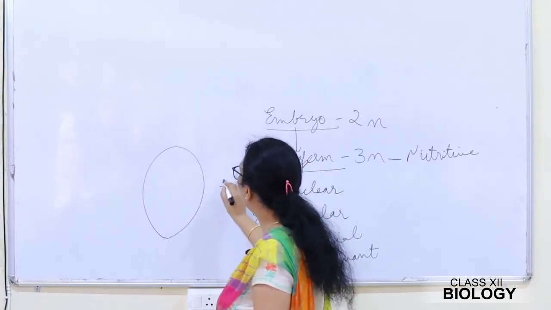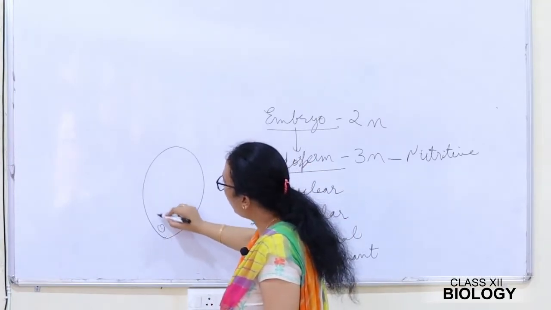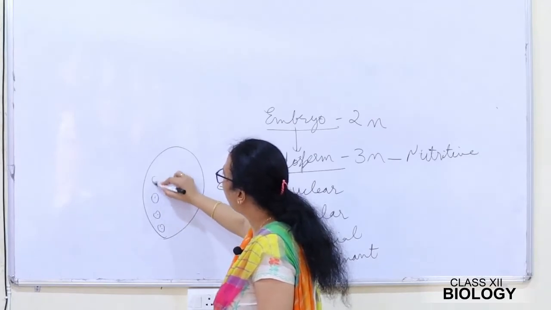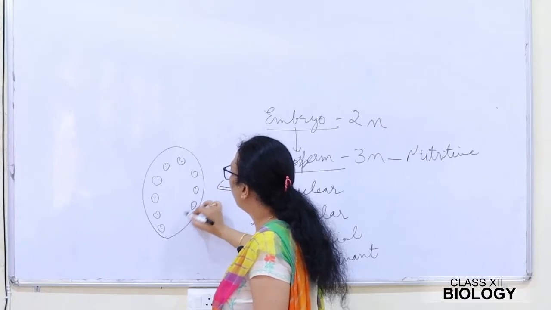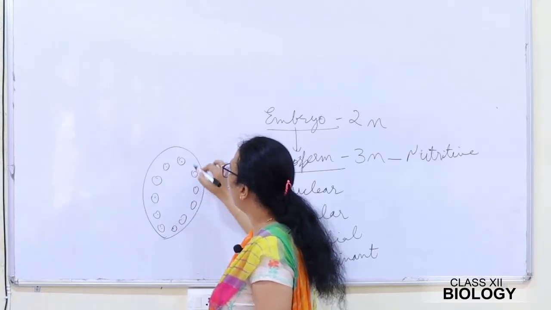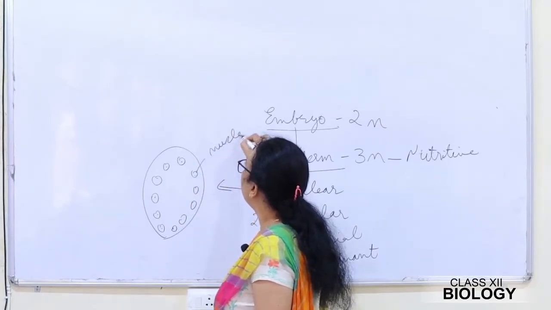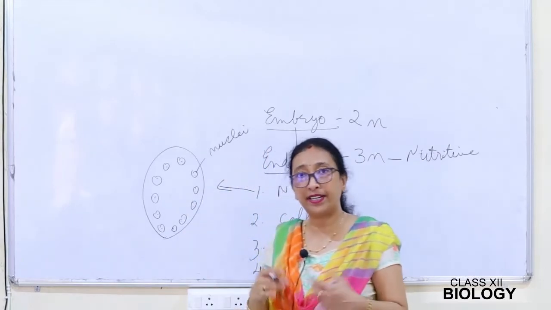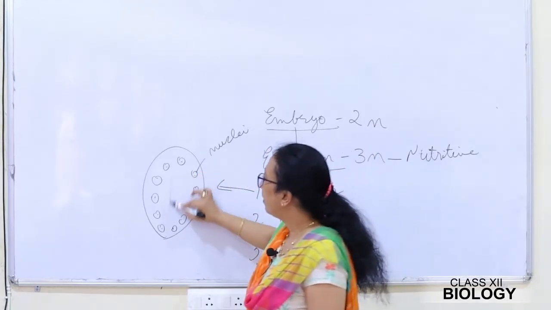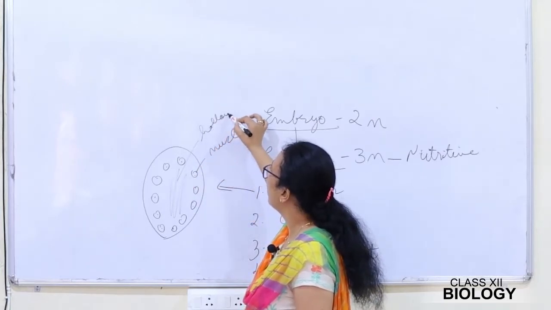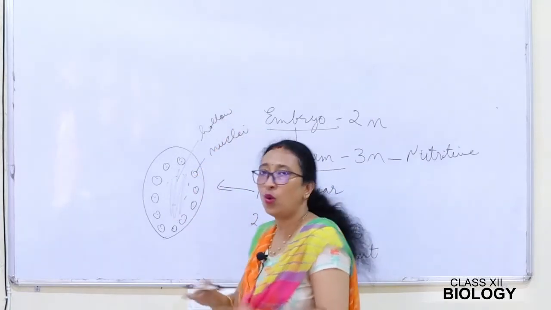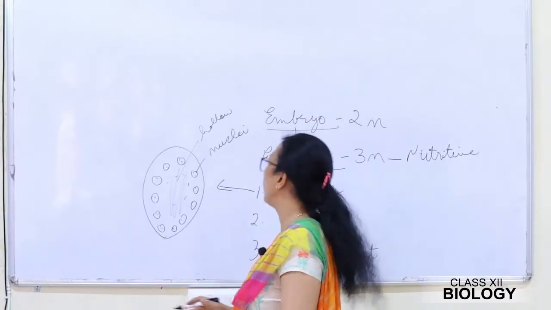In the nuclear type, we see all the free nuclei divide by mitotic division. It will continue to form, and in the center there is a hollow, that is, no cell wall is formed, no cross walls will form.